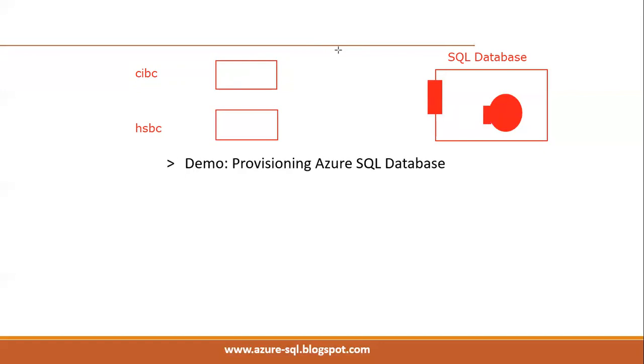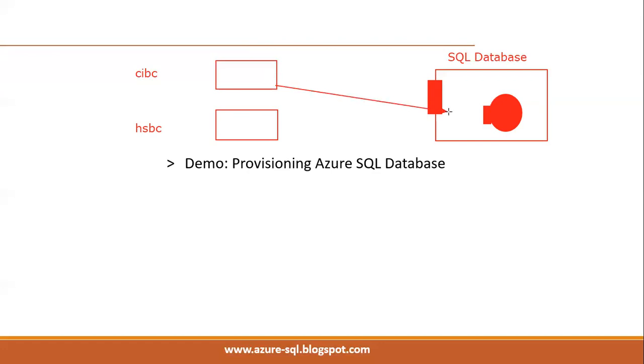Two options are there. For example, let's see which IP this server is running with. We have to add this server's IP in the server firewall rule or the DB level firewall rule. In general, we add it in the DB level firewall rules.